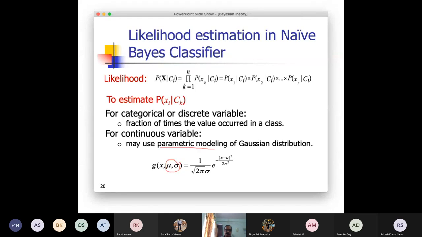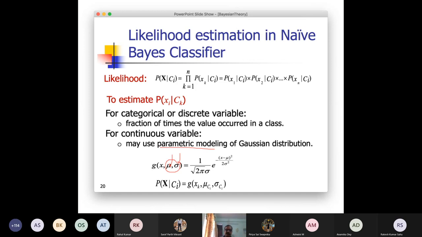That is parametric modeling. Given the data, obtaining the likelihood for a particular class means estimating these parameters within that class. One parameter is mu, another is sigma, and I hope you understand their meaning in Gaussian distributions: one represents the expectation value or mean, the other represents the standard deviation, which you can estimate from the variances.